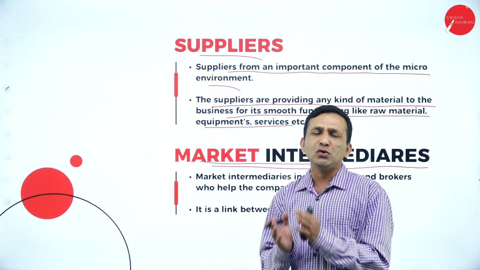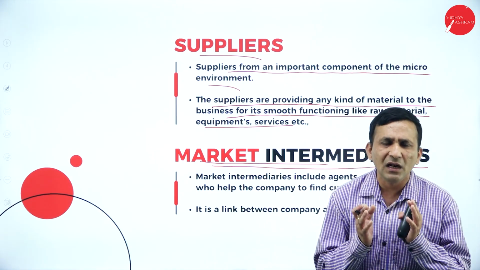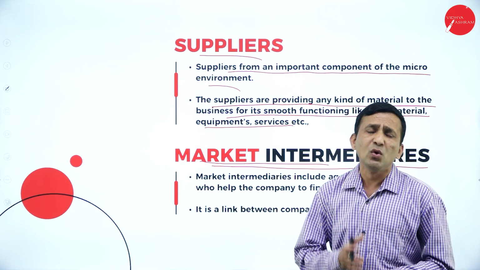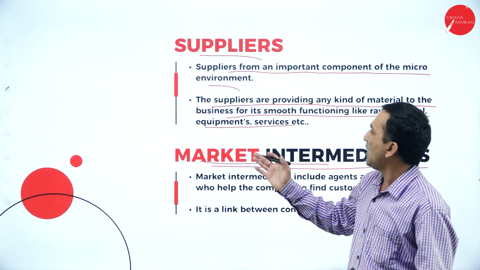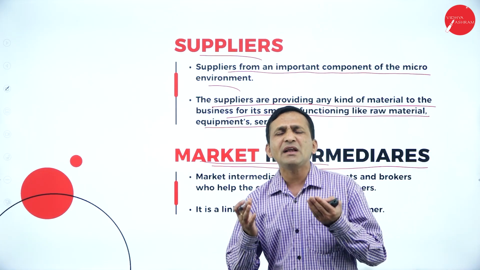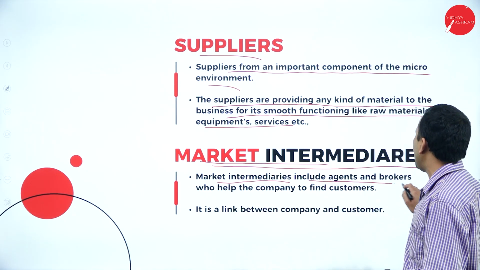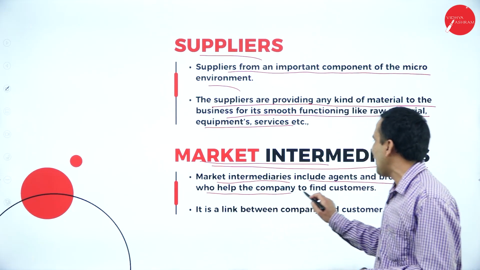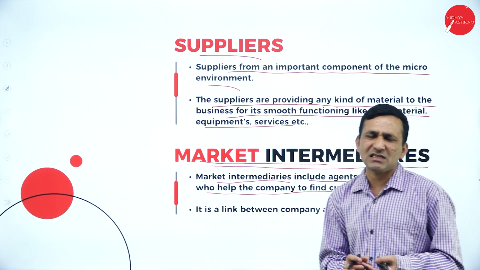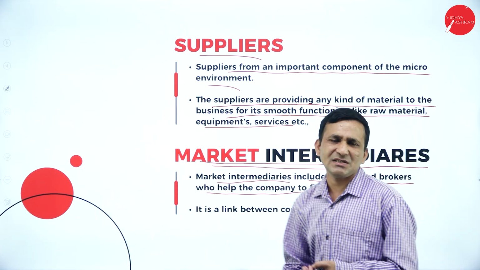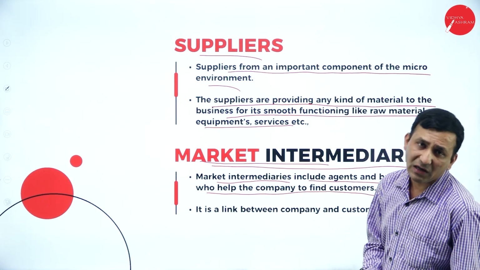Because you need to target different geographical areas or different geographical segments, of course you need them. In the case of FMCG, the market intermediary is very important. Market intermediaries include agents and brokers who help the company find the best customer or prospective customer, those who are really interested in purchasing your product or getting a service from your company.